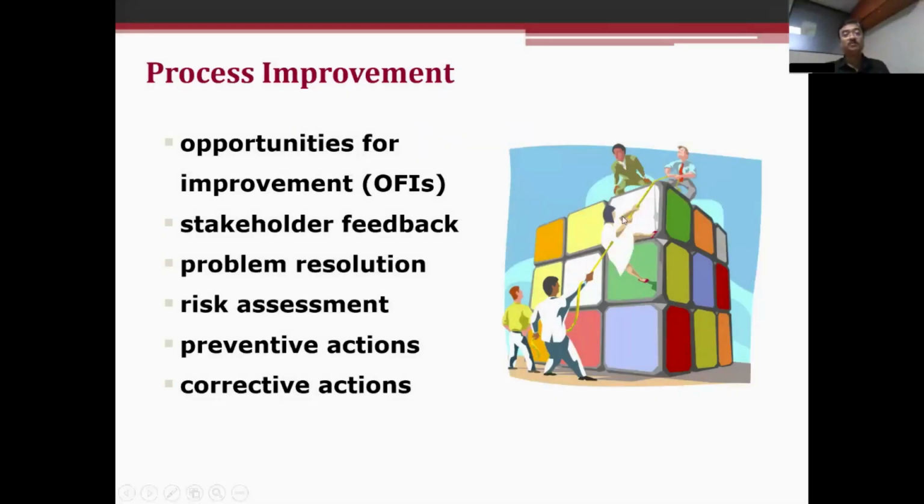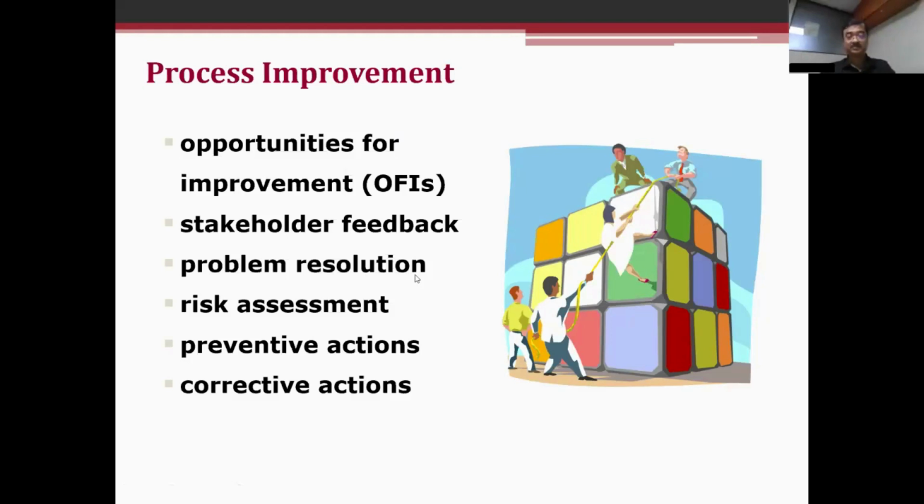How to improve the process? So you have to find the opportunities for improvement. Stakeholder feedback is very important. Resolution of problems is one of the keys to improving your quality. Unless and until you are looking forward to the problems, or I should say looking forward to the complaints, and resolving them, you cannot improve.